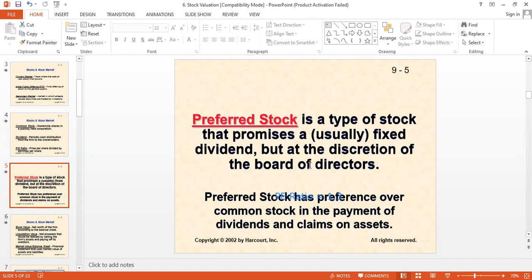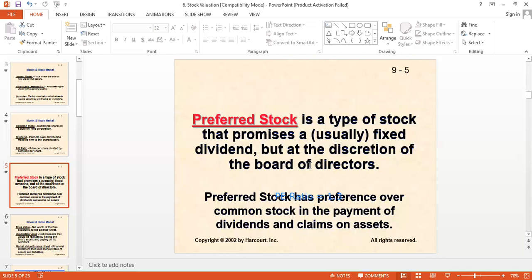Preferred stock has preference over common stock in the payment of dividends and claims on assets. It means the preferred stockholders will be getting dividends first, and then common stockholders will be given dividends if the amount is left. Similarly, claims on assets.